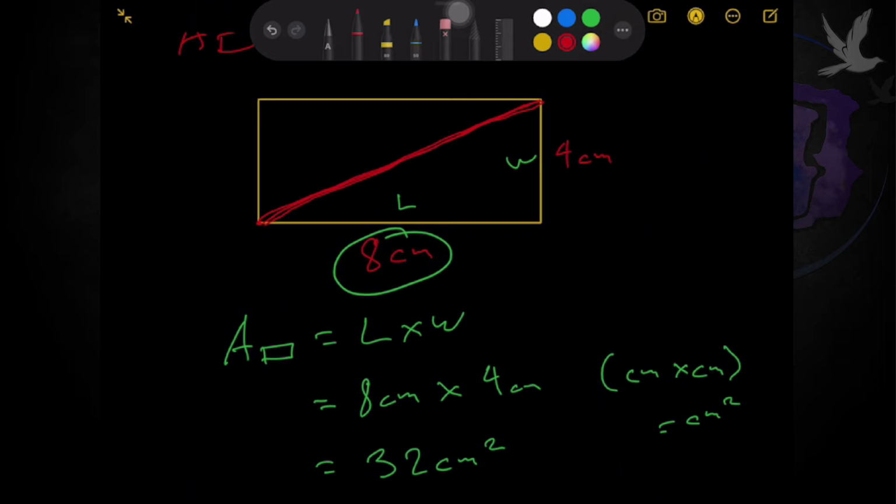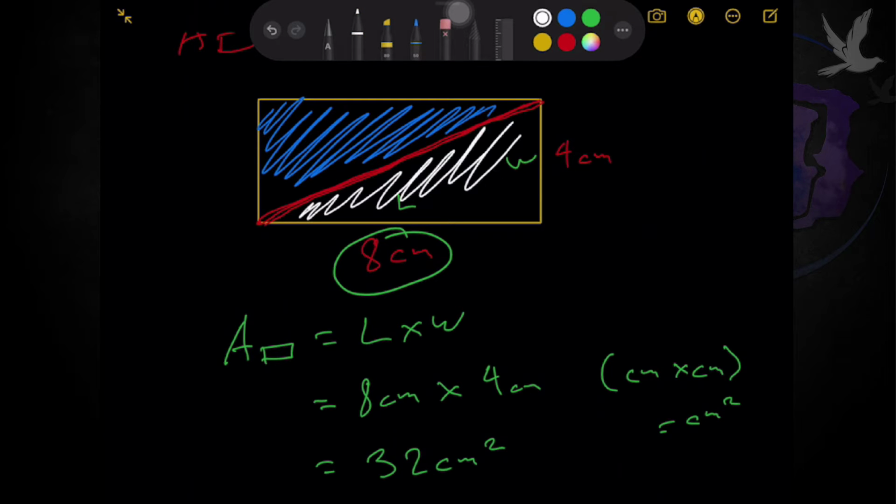Splitting it in half basically now forms a triangle. But in this case, we have two triangles. So which means, if you're going to split it in half, you'll be able to take the area of one triangle.